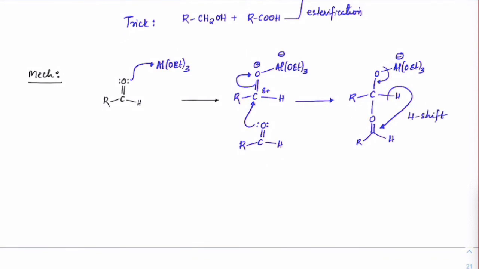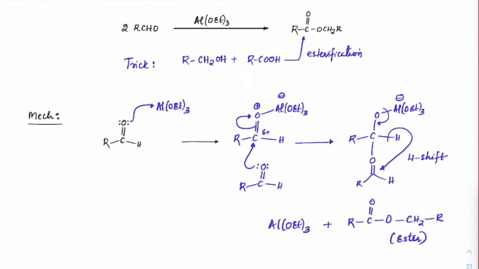Now as soon as the hydride shift happens, you can see we will get this as R, C double bond O, oxygen is connected already, so we will get this as CH2 and R is connected to that. So what we got is an ester, this ester plus Al(OEt)3. This is the final product.